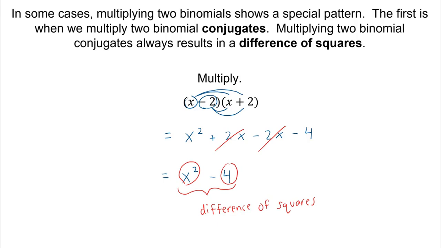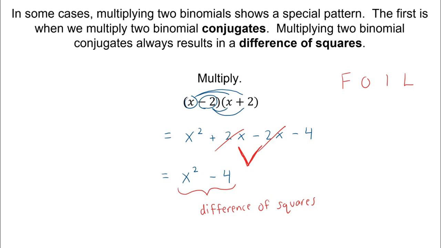And we will always get a difference of squares when we multiply two binomial conjugates. And here is where our shortcut comes in. Anytime we multiply two binomial conjugates, the two middle terms will always cancel out. Well, think about our FOIL process, F-O-I-L.